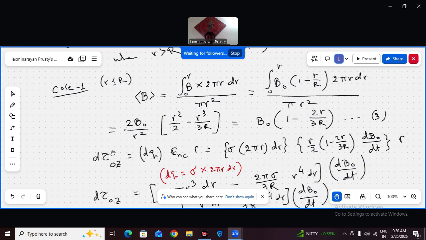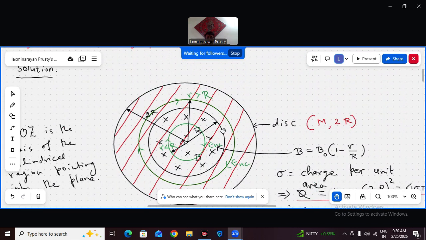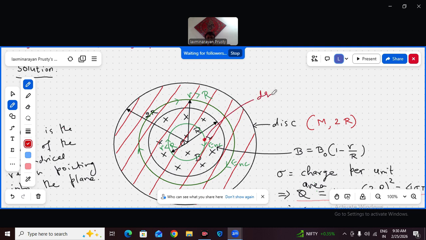Then what is the torque? You take a dq element somewhere. I'll take a dq element, for example, let me write this dq element here, and then a dq element here.